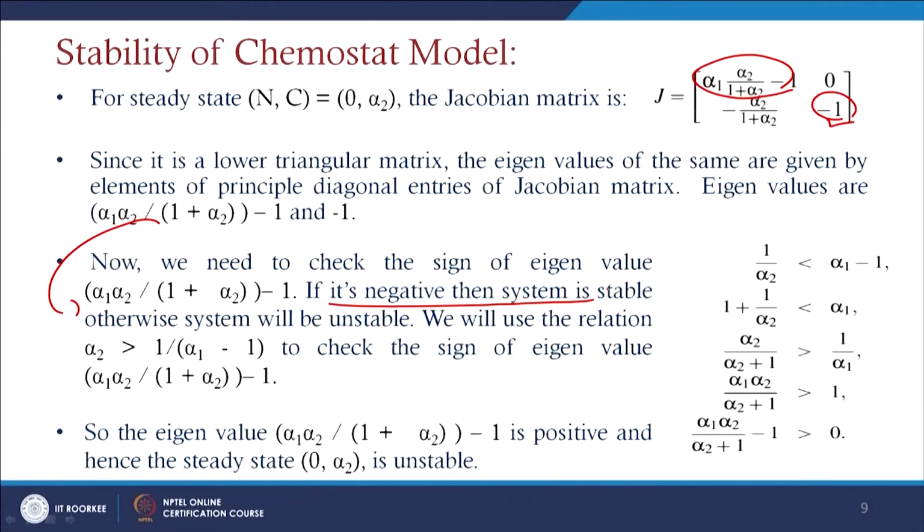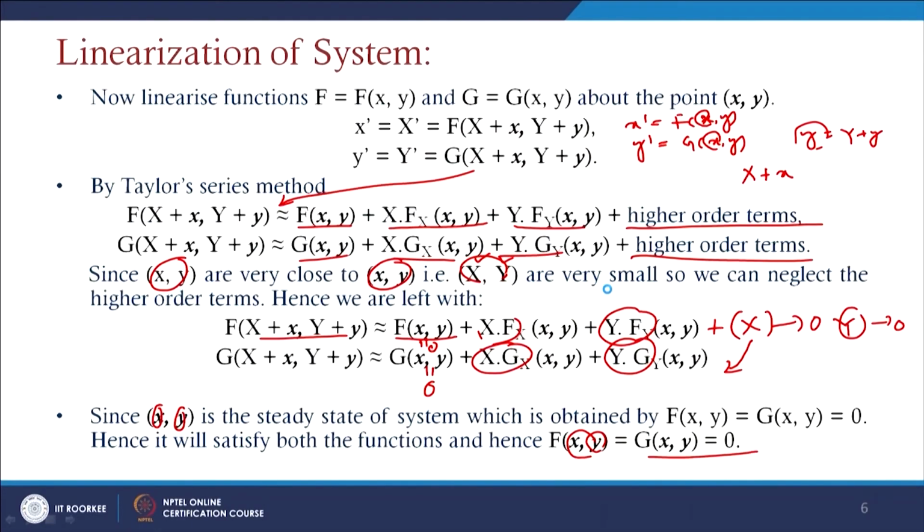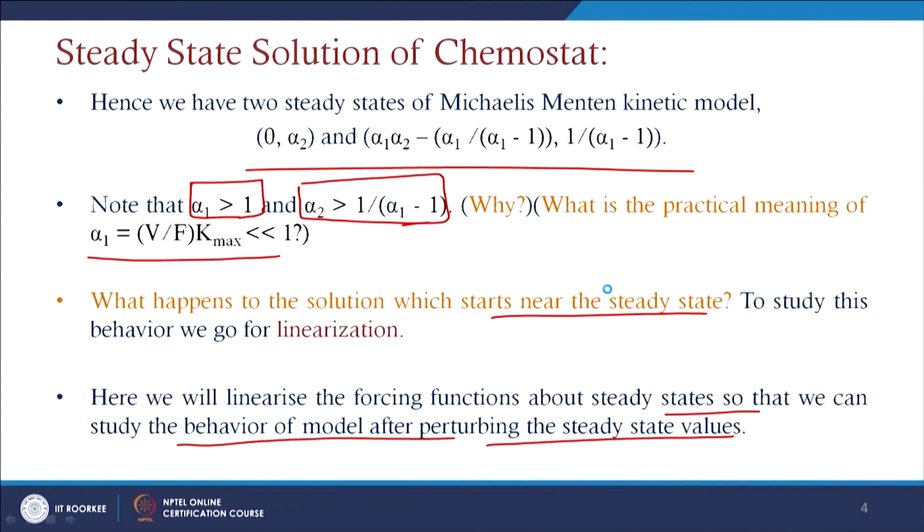That is why it has a stable solution, otherwise it will be unstable. So, we use the relationship we discussed in the earlier slides, that alpha 2 should be greater than 1 by alpha 1 minus 1. Already we have discussed that one.